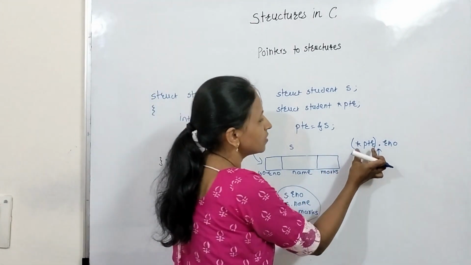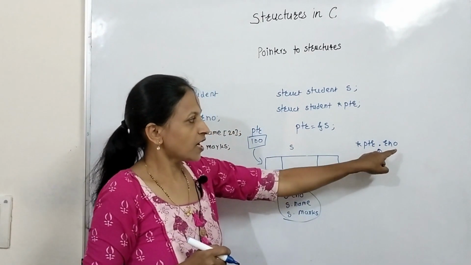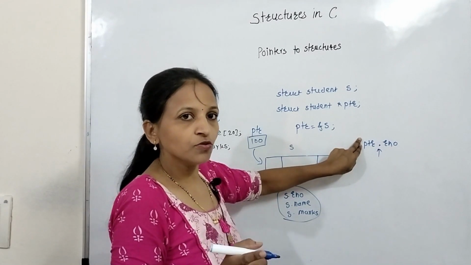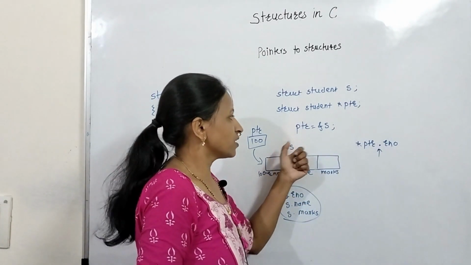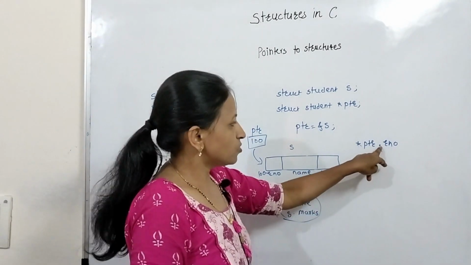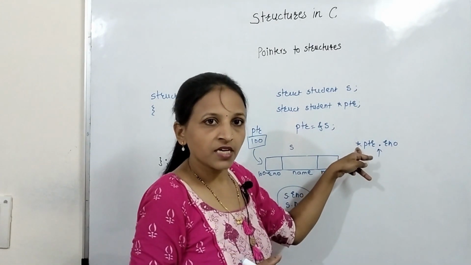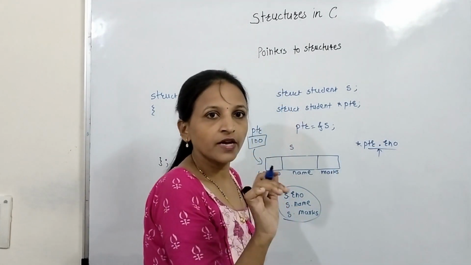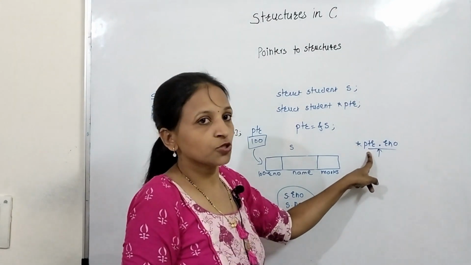If we have not given the round brackets, then what will happen? It will try to fetch rno using ptr, not star ptr. If you want to access individual members of the structure variable using a pointer, then you have to use star ptr. But if you are not writing the brackets, the dot operator has higher precedence than the star. It will first try to resolve ptr.rn, and then a problem will occur, because ptr is not a normal variable of type struct student.